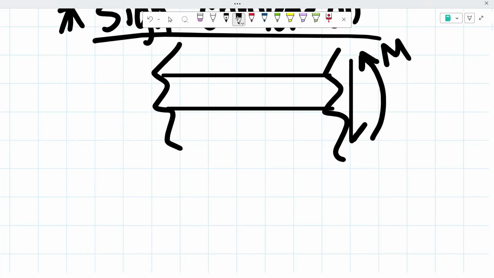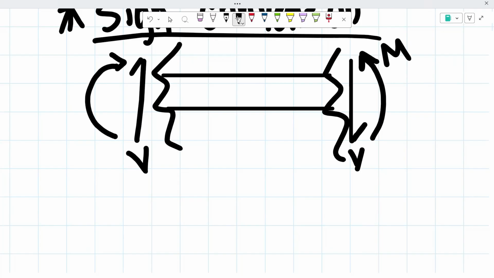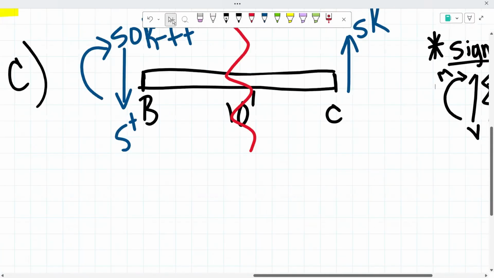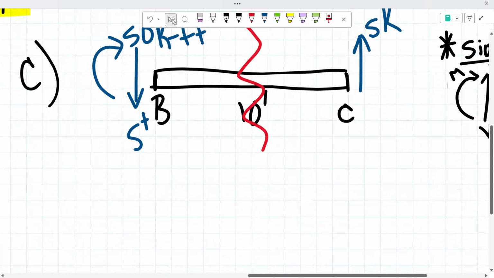Meanwhile, if your cut is on the left side of the beam, your shear force will be acting upwards and your moment will be acting clockwise. So, taking that into account, I'm going to work here with the left side of the beam.